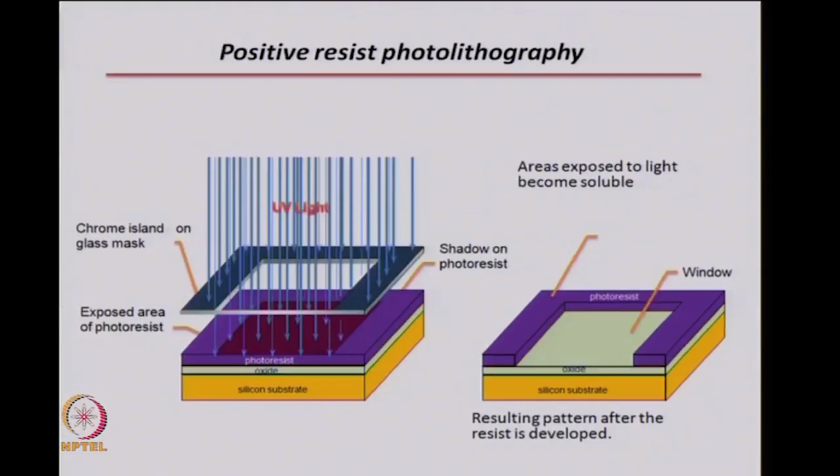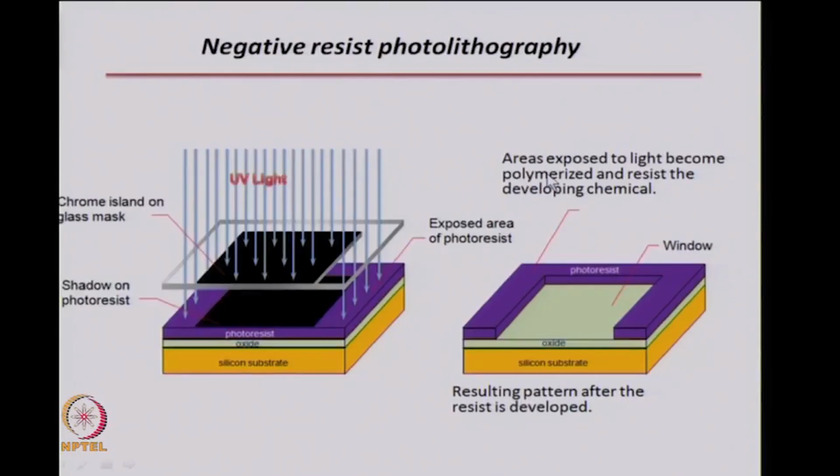Earlier, areas which were exposed to light became soluble. Now, the areas where light falls become polymerized and will remain. The area where light did not fall will get dissolved. So, it is just the opposite of the positive resist photolithography.